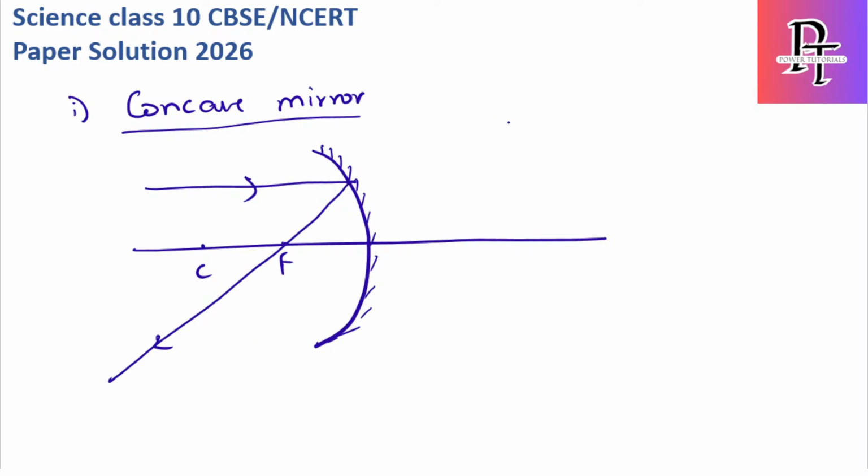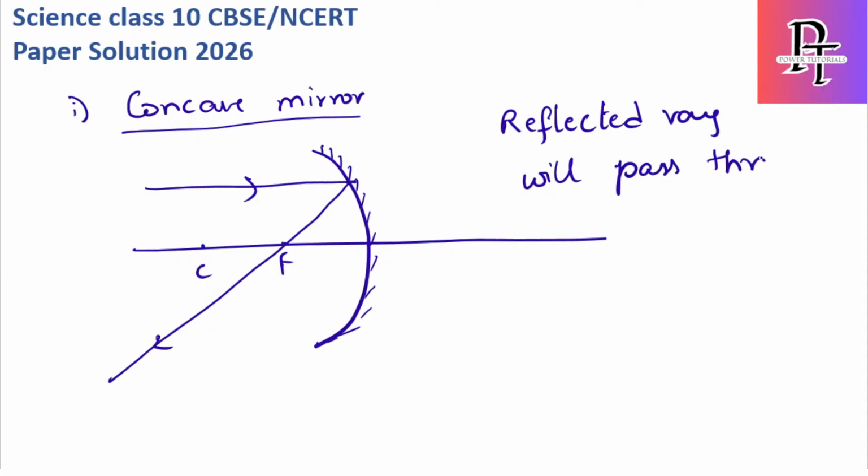You can also write: the reflected ray will pass through the focus.